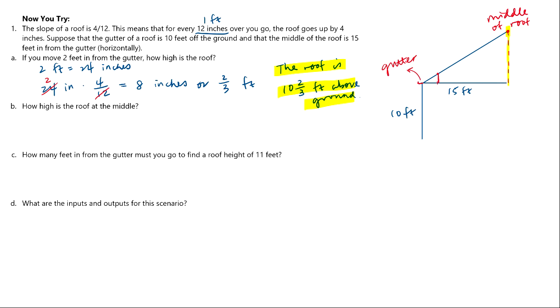So let's say if we want to work with how high the roof is at the middle, we would be working with this side, with the distance being 15 feet over, and then we can think about the 12 inches equal to 1 foot, and 4 inches really being equivalent to 1/3 of a foot over here.